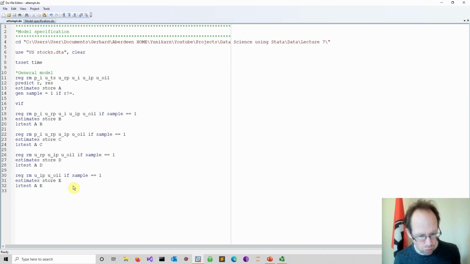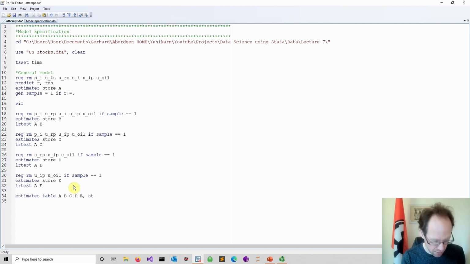Then what I would do is, at the end of it, I would just compare these specifications in a table. Yeah, so we do the estimates table A, B, C, D, E. And we have star here, and then we do a fixed format.